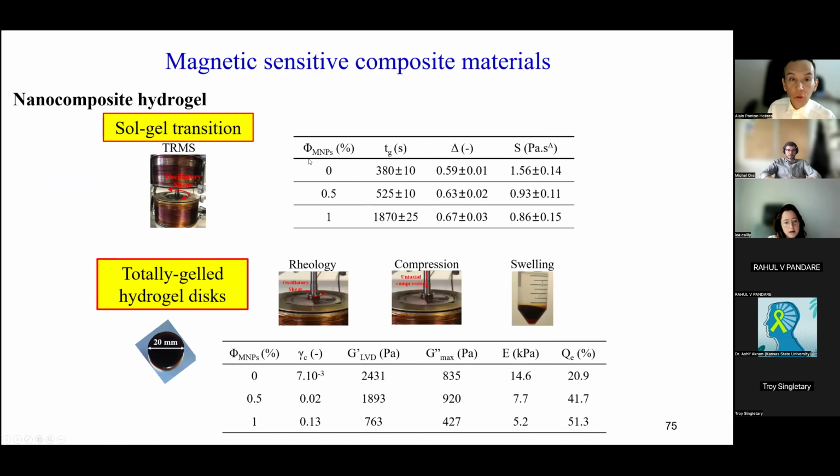So, in conclusion, for the nanocomposite, with this special device, we can study the viscoelastic properties of this sensitive composite as a function of time around the sol-gel transition by time-resolved mechanical spectroscopy, and the totally gelled hydrogel discs by rheology and compression.